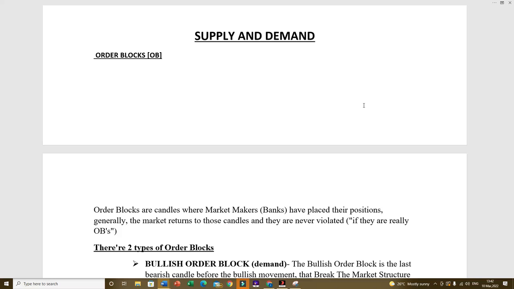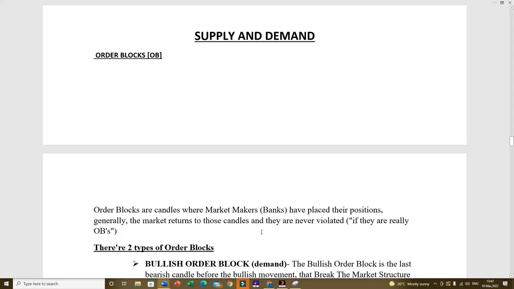Our supply and demand is made up of what we call order blocks. Traders usually call them OBs. Basically, order blocks are candles where market makers or the big banks have placed their positions. Generally, the market tends to respect those candlesticks and they are never violated. I'll explain more with examples as we move downwards.